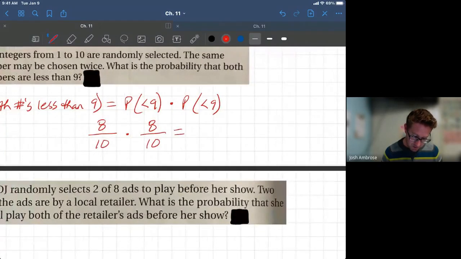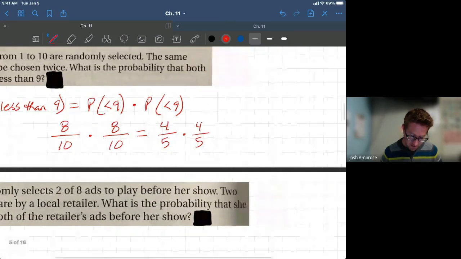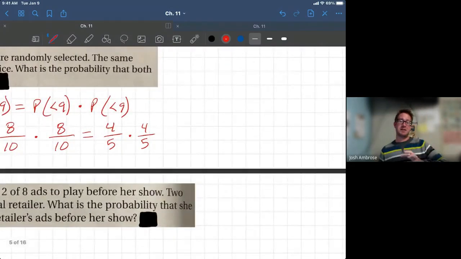Always remember, reduce your fractions. So 4 over 5, 4 over 5. Now we multiply them together. You got to remember what we did from the prior section. This is a combination of the fundamental counting principle with probability.